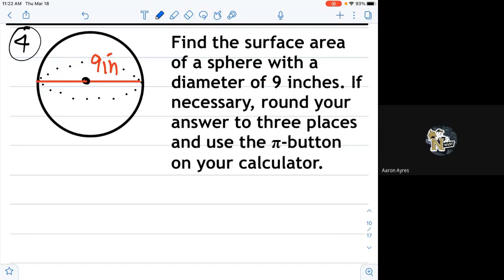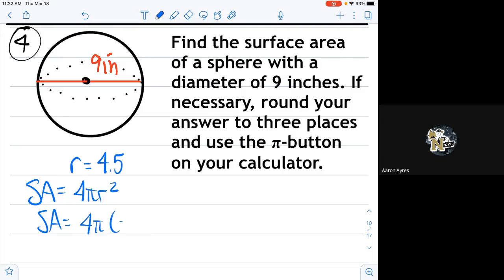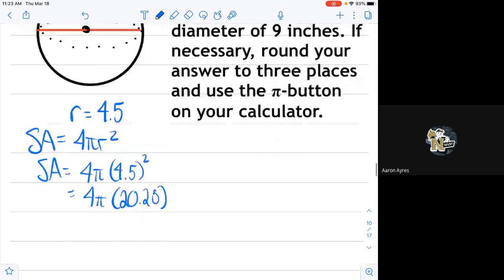I got one more thing to show you guys real fast. Let's get this one up here real quick. So 4 pi r squared. Remember, we're going to bring this down from the previous problem, or from 2 problems ago. So we have 4 pi times 4.5 squared. 4 pi times 20.25.